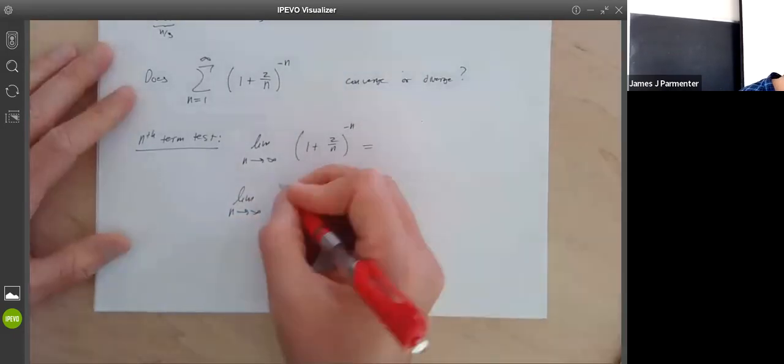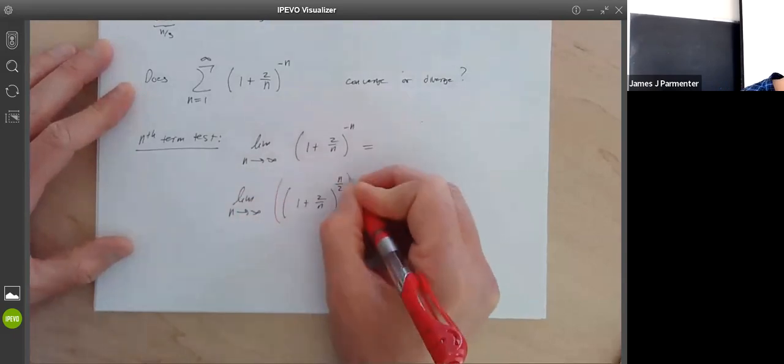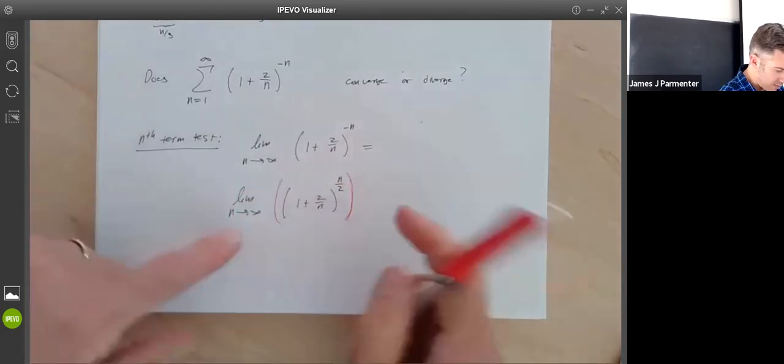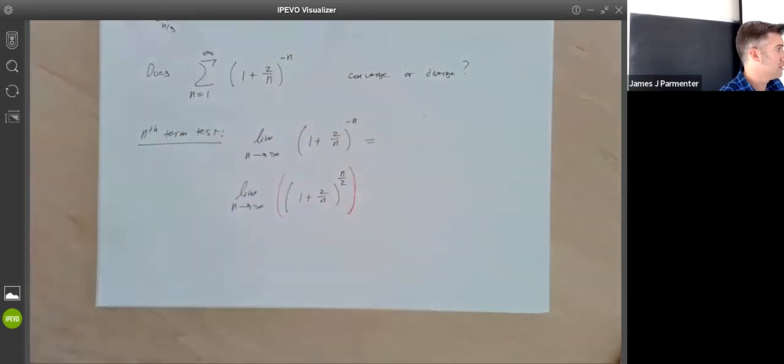So what outer power do I need to make it so this is the same as that? What negative number do I need up there as the power? Oh, you're so close. So when we have a power to a power, what happens to the powers?